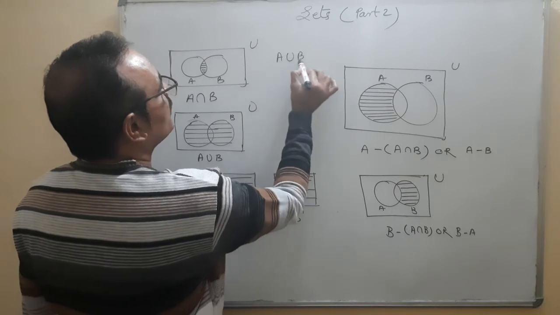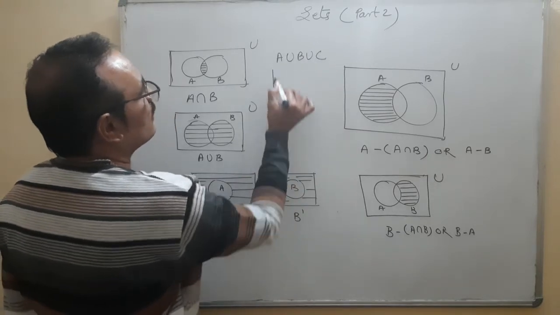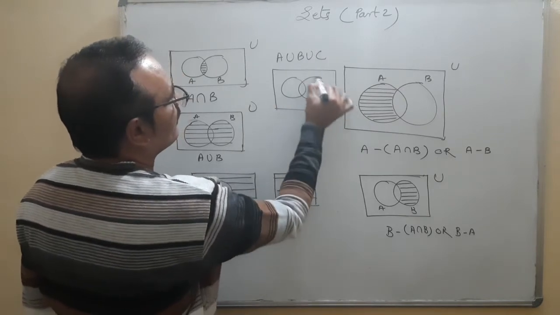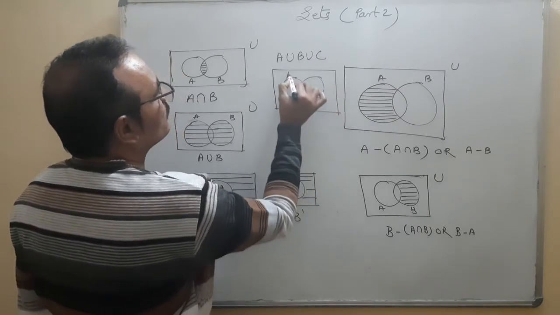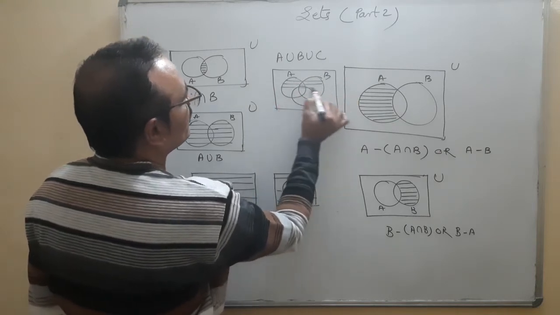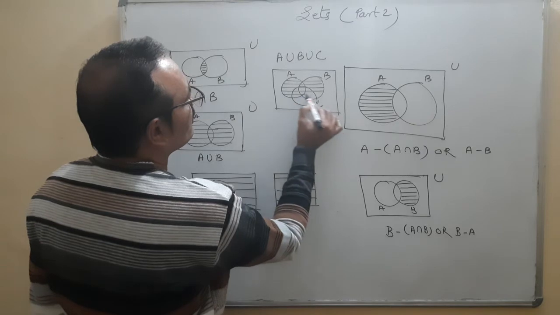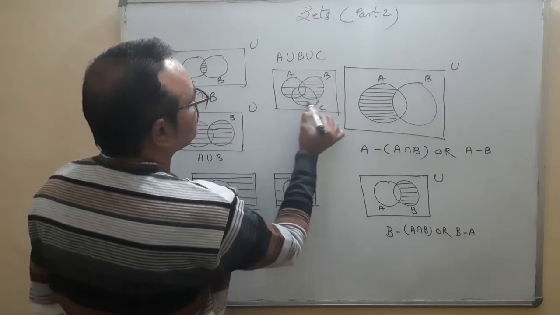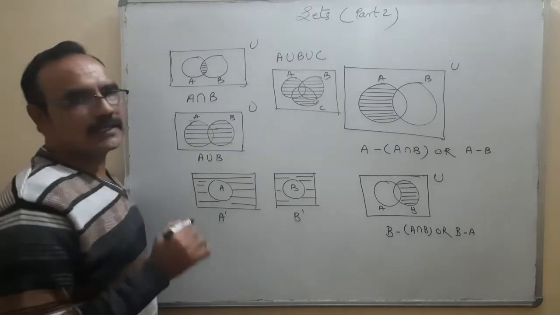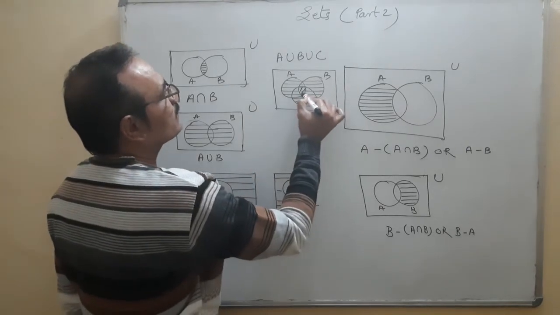If I want to write A union B union C, how to express it in the form of Venn diagram? Because in a set we cannot write the element two times, only one time. If you want to write A intersection B intersection C, this portion.